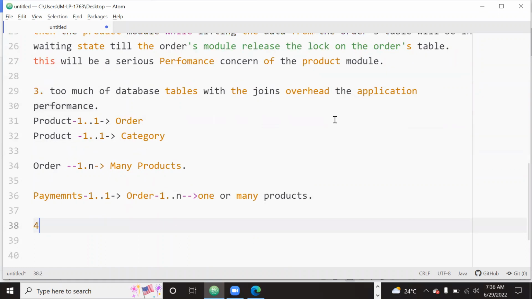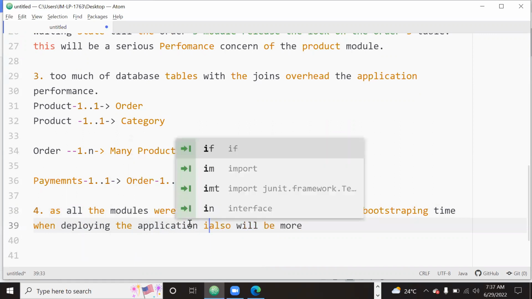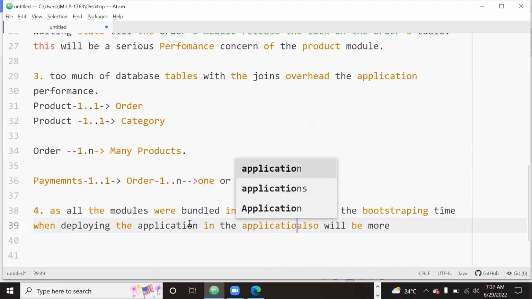And then what is the other problem? As all the modules were bundled in a single archive, the start time, the bootstrapping time, also will be more when deploying the application in the application servers.